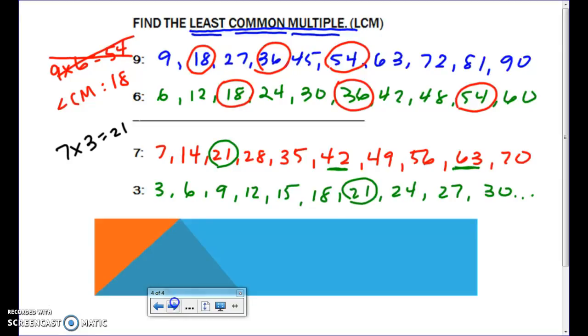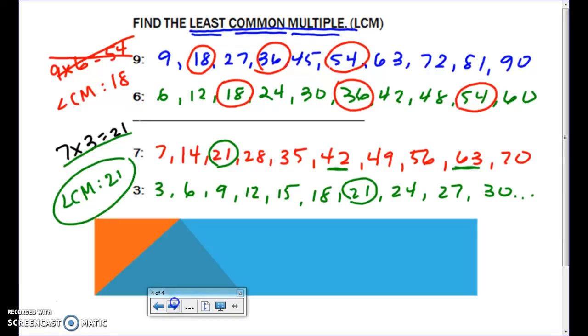I know also that 63 would be a multiple, but not the least common multiple. So in this case, I took that little shortcut and it did work out. But sometimes that's misleading because sometimes it does work out, sometimes it doesn't. So in this case, the least common multiple would be 21. Don't fall into the habit of just multiplying the two numbers together because it's not always the least common multiple. Okay, this time it was though.